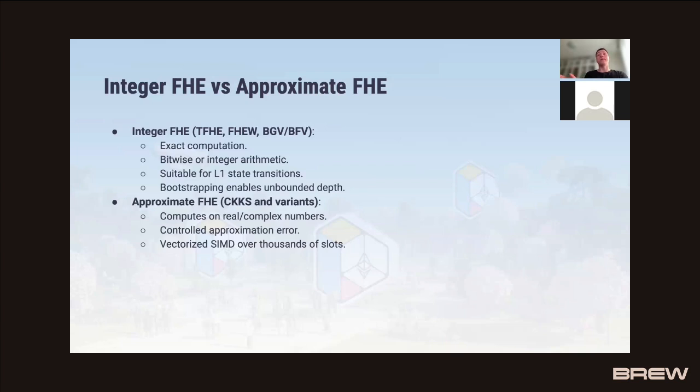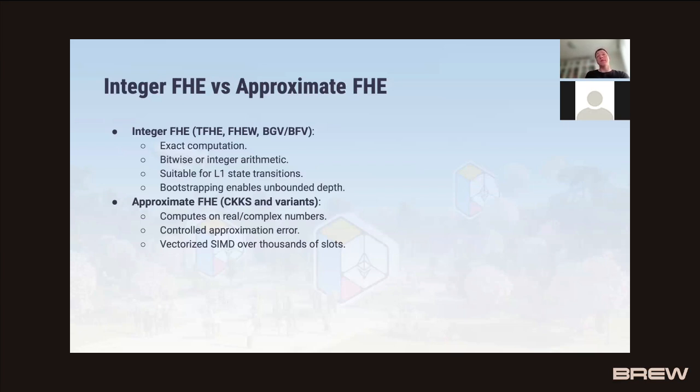What's perhaps a bit surprising is that you actually can also do scheme switching. So you can switch from one scheme to the other. So for example, if you need to do a comparison of two numbers, which is by the way not trivial in FHE, comparing whether two encrypted numbers are the same.